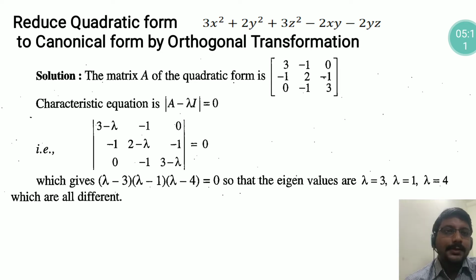Just write the coefficients of x square, y square, z square as principal diagonal elements. Minus 2xy can be split as minus xy minus yx. Minus 2yz can be split as minus yz minus zy.